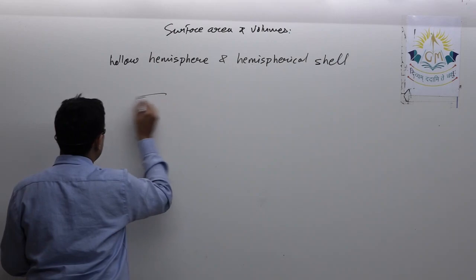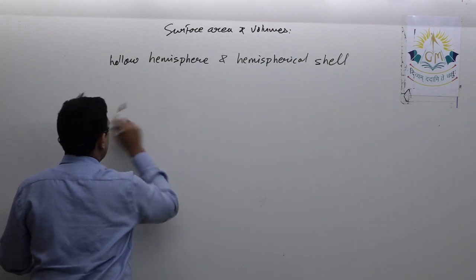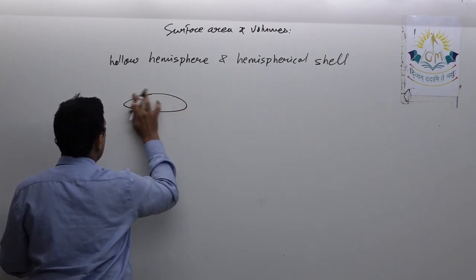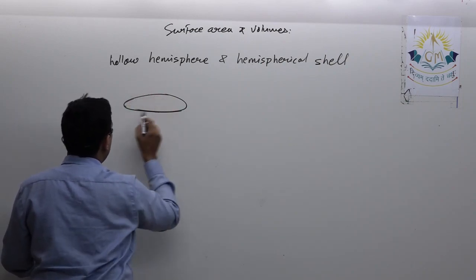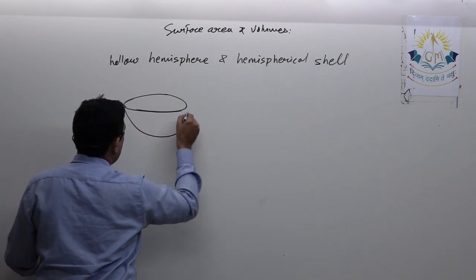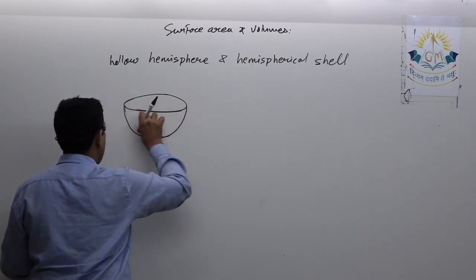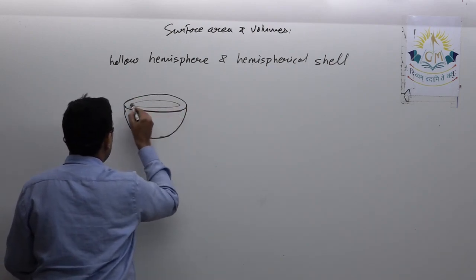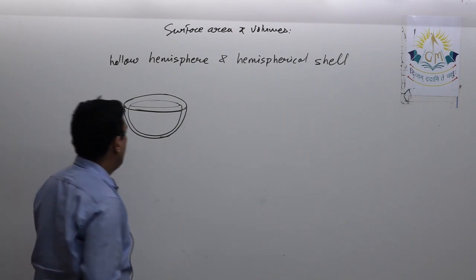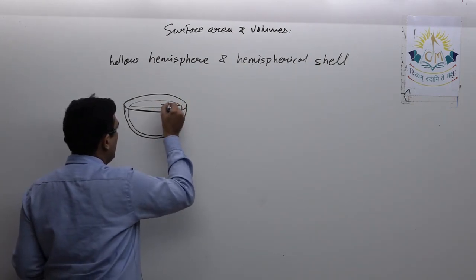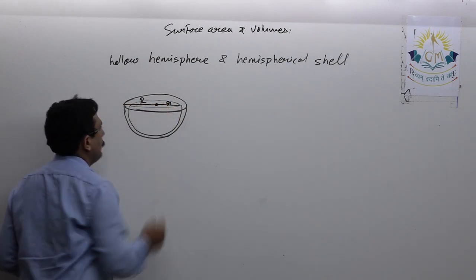Something like this is a hollow hemisphere. Again, it has internal radius small r and external radius capital R.